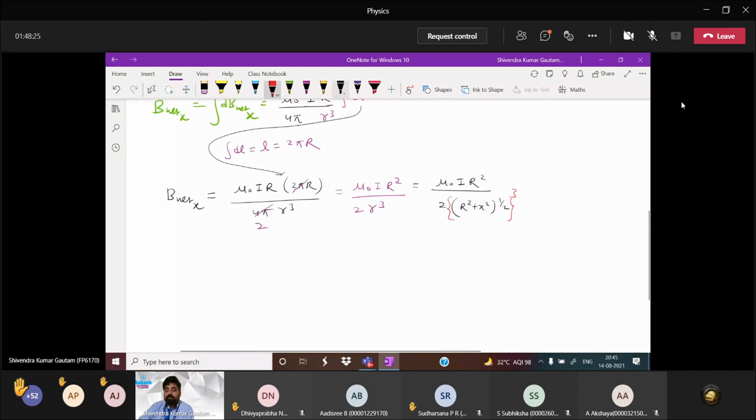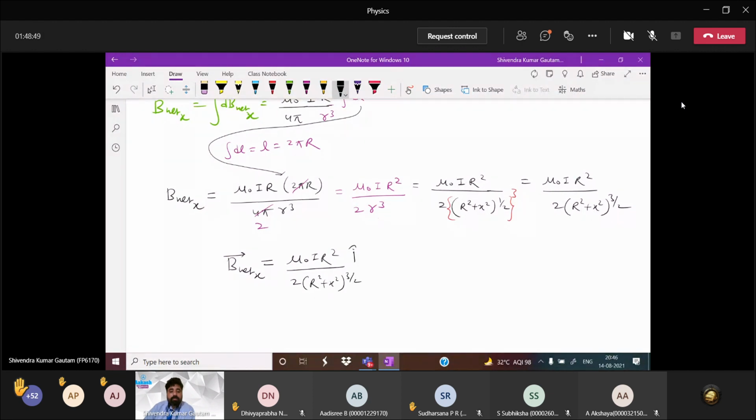So finally we get mu naught I R square divided by 2 times R square plus x square power 3 by 2. This is the net magnetic field along the x. In vector form, it will be mu naught I R square by 2 times R square plus x square power 3 by 2, in the i cap direction.